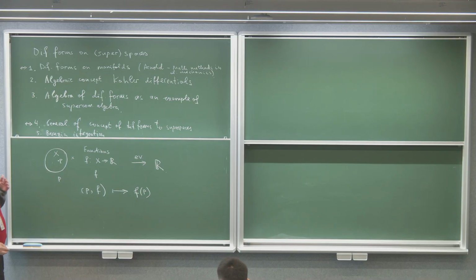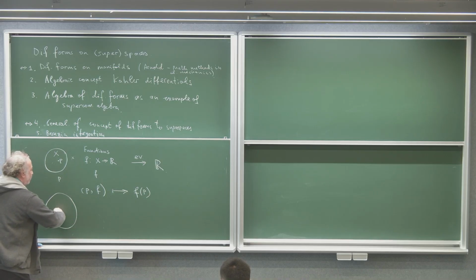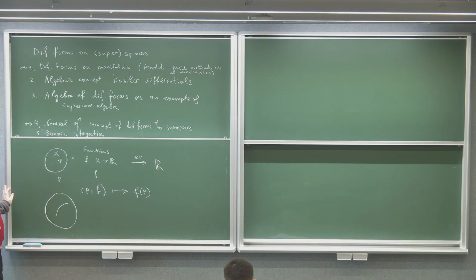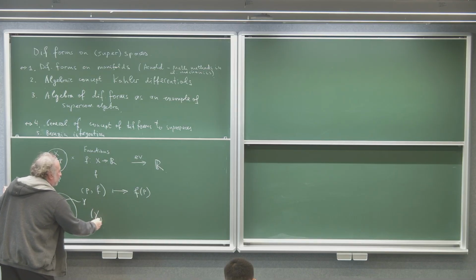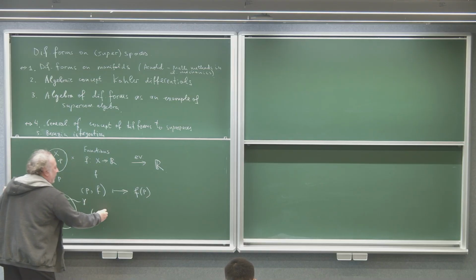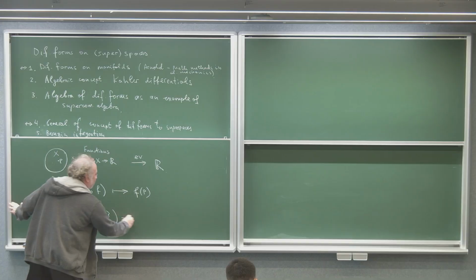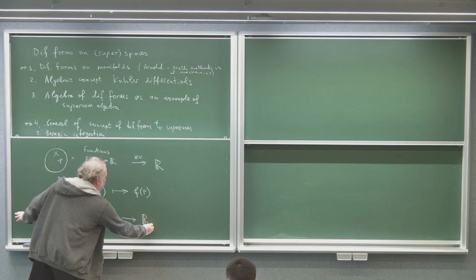Now, he said, point is just one of the figures. Let us generalize from point to other figures. In particular, there is a line, gamma. We would like to construct a map from gamma and something to real numbers.